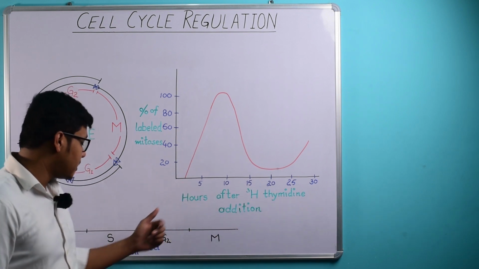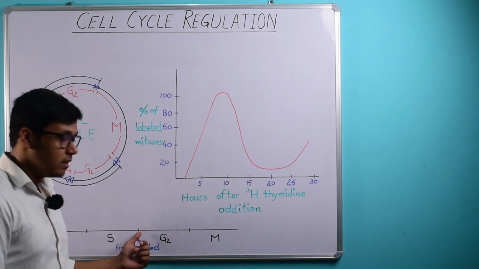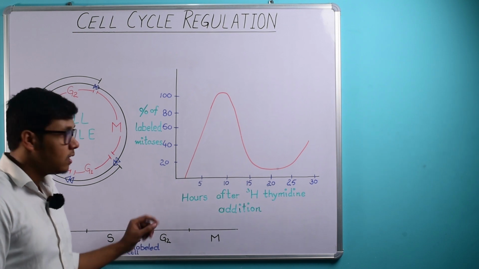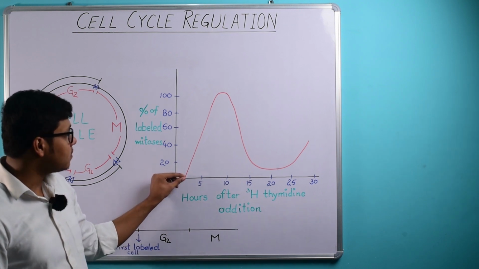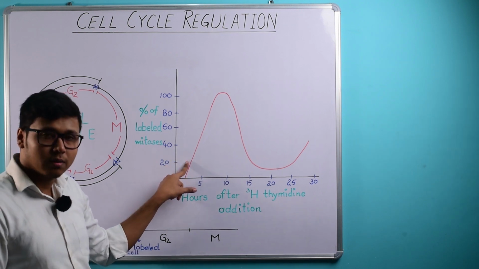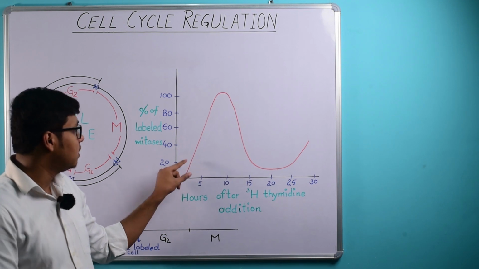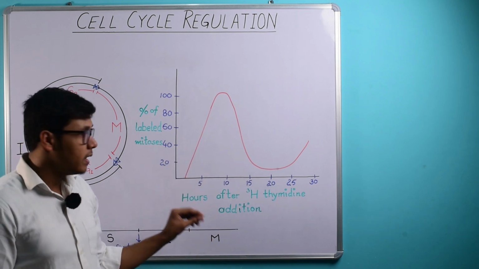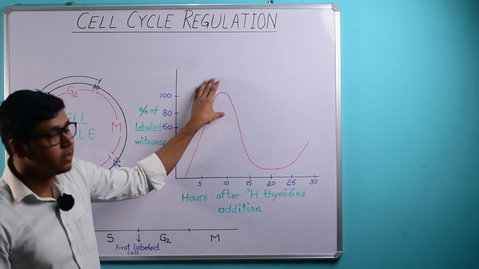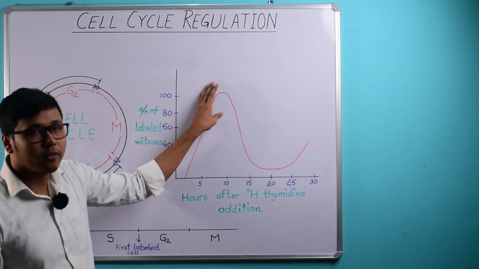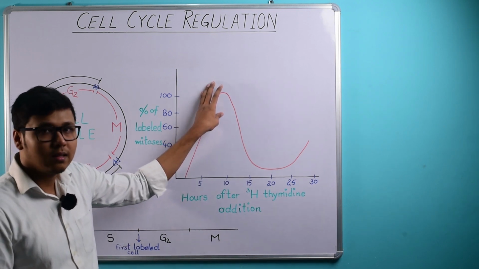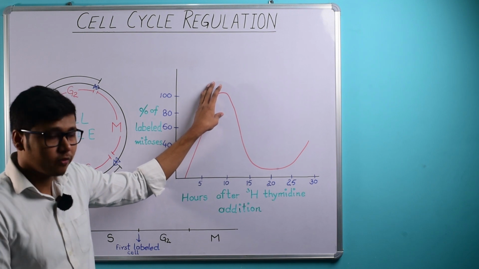But as soon as we reach this point, the last stage of S phase, we get labeled chromosomes, and so this ascending phase of the curve represents the S phase, or the last stage of S phase.